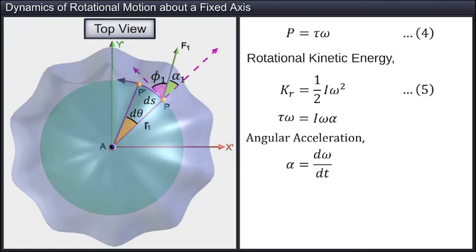Therefore, tau is equal to I alpha. Let this be equation 6.